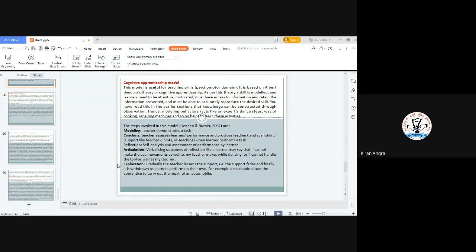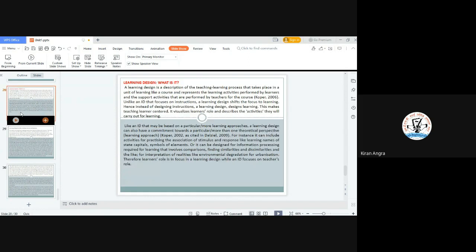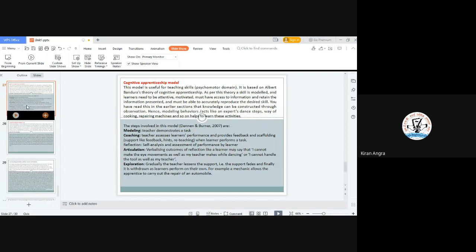For example, a mechanic allows the apprentice to carry out the repair of an automobile. At this stage, learners do things on their own, explore strategies for carrying out the activities they have learned, identify problems in their performance, try to find the reasons for their mistakes and try to overcome them. So these come under exploration.